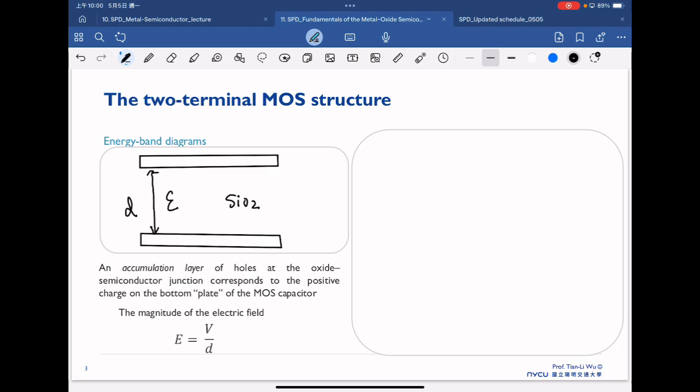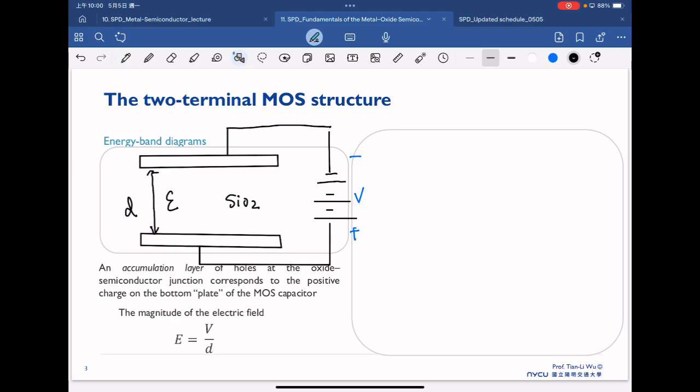And then in the case where we apply a negative gate bias on top, which means that we connect our bias in this region, where the bottom we apply the positive, and the top is negative.